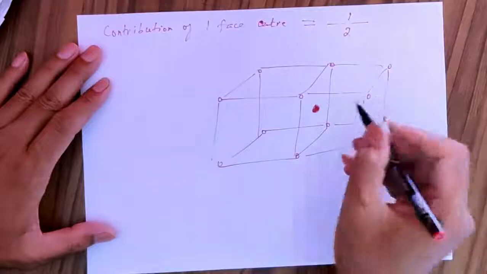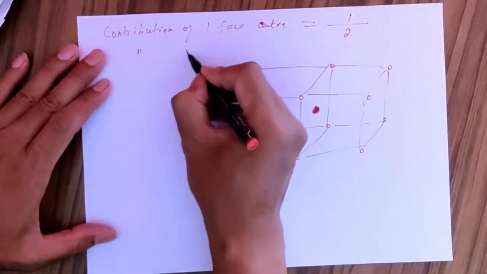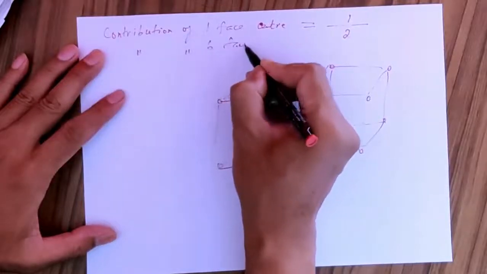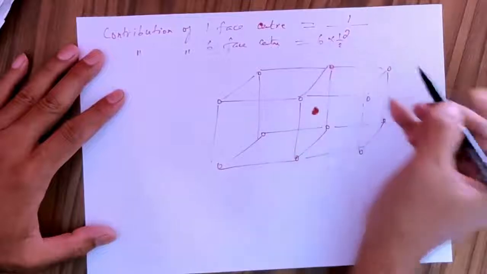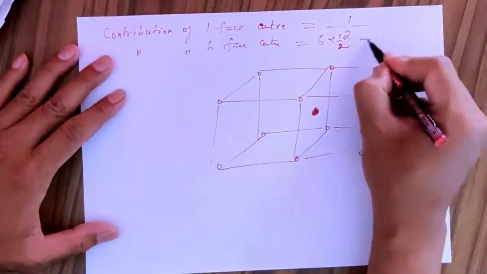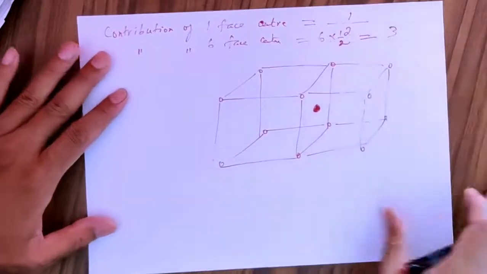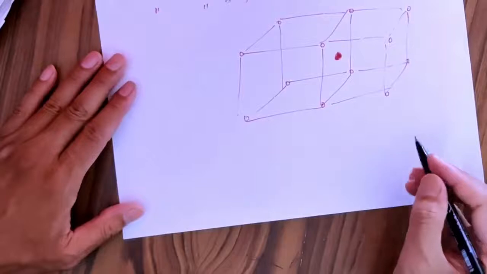But we have how many face centers? 6 in total. Contribution of 6 face centers is 6 into 1 by 2. It is 3. Good.